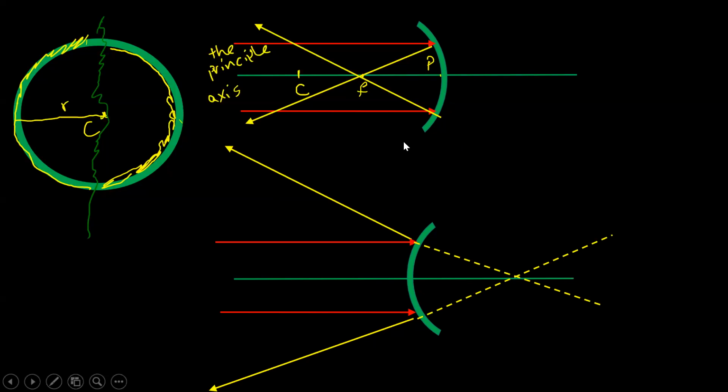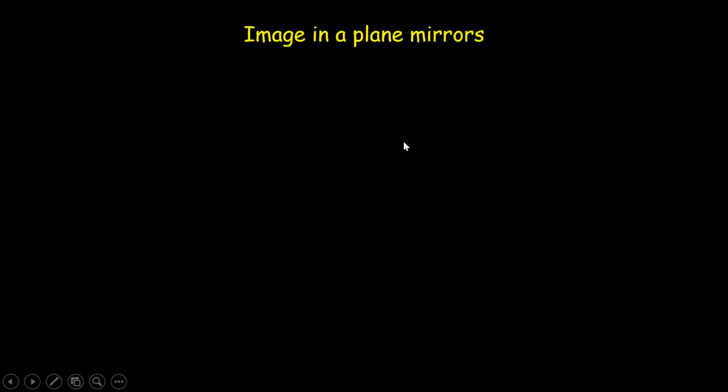Now, let's look at the formation of an image in a plane mirror. We have a plane mirror here. When you want to find the image in a plane mirror, the first step is to draw a plane mirror.